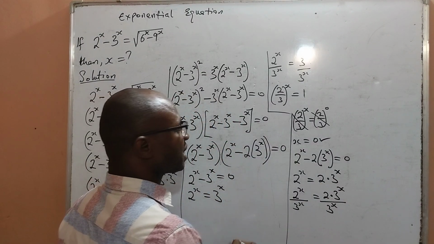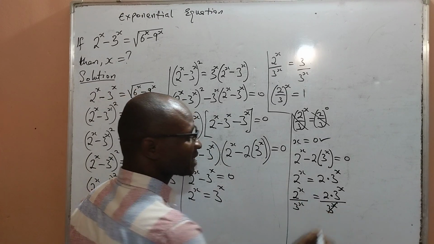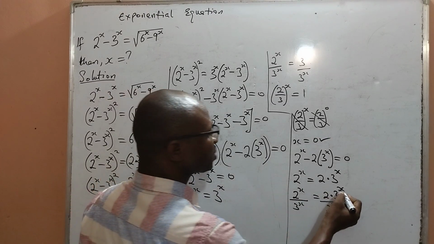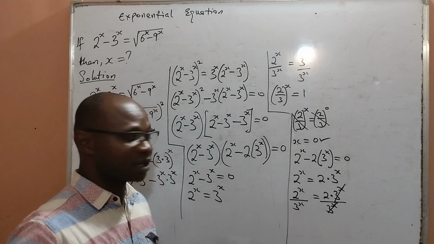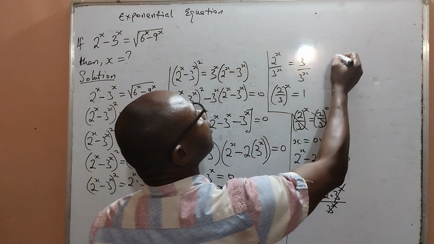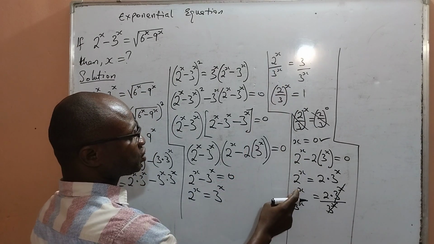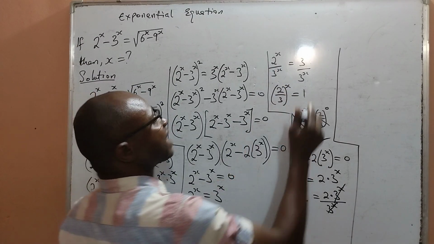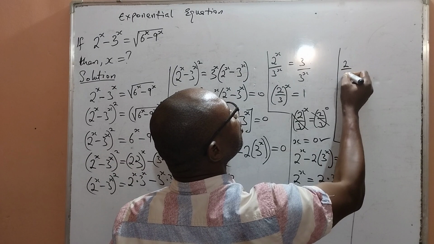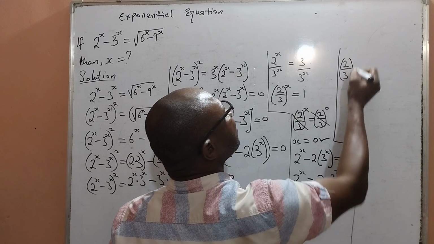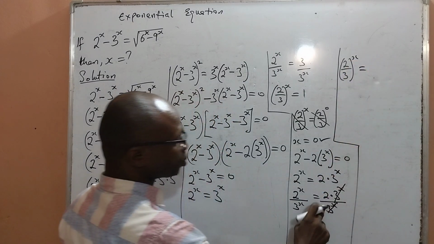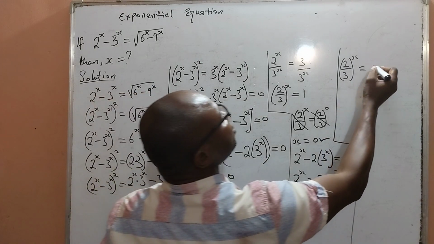You can agree with me here that 3 raised to power x at the denominator, we cancel 3 raised to power x at the numerator, leaving me with, from the left hand side, like I did here, 2 raised to the power x over 3 raised to the power x, which can now be written as 2 all over 3, everything now raised to the power x, equal to, left by the right hand side, just the number 2.